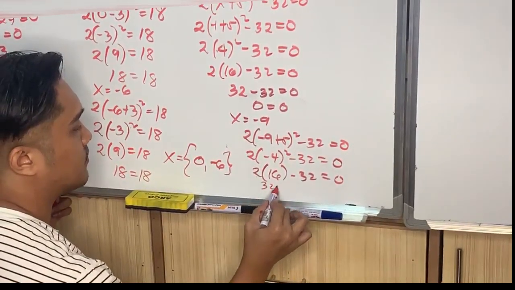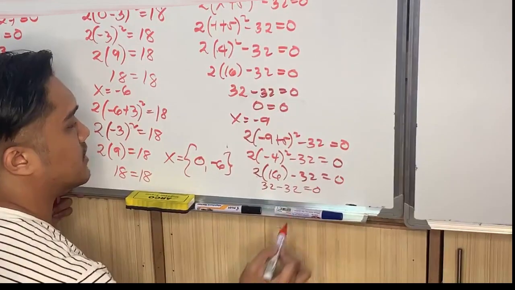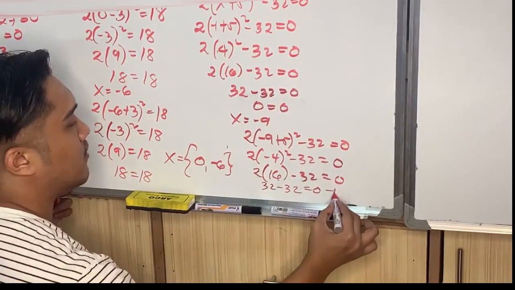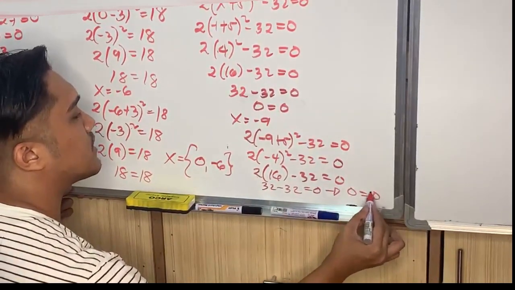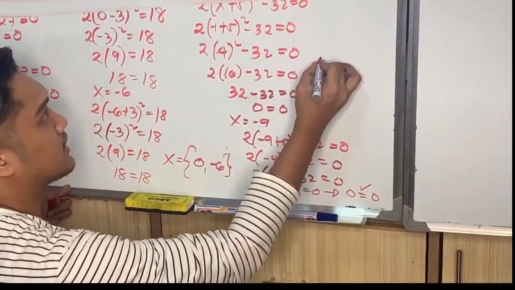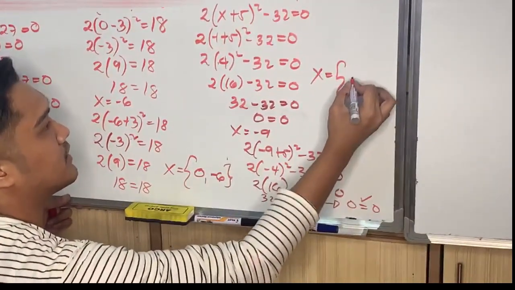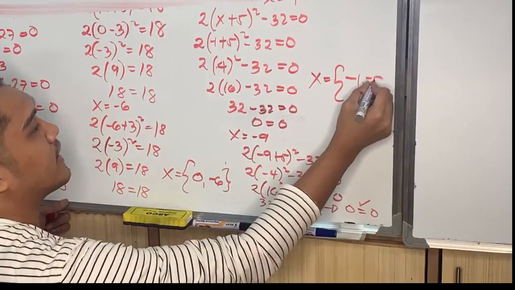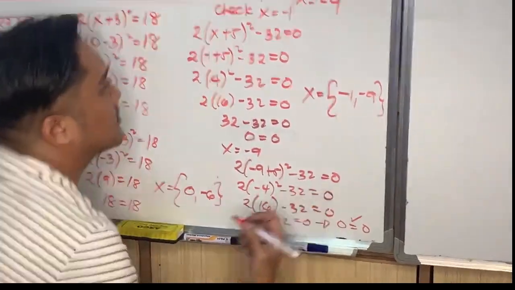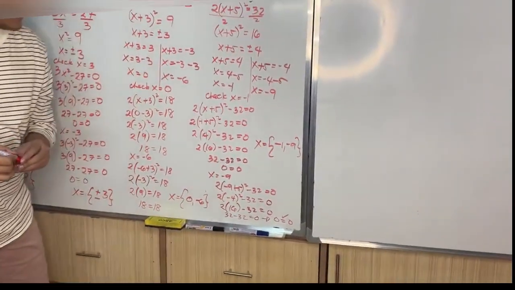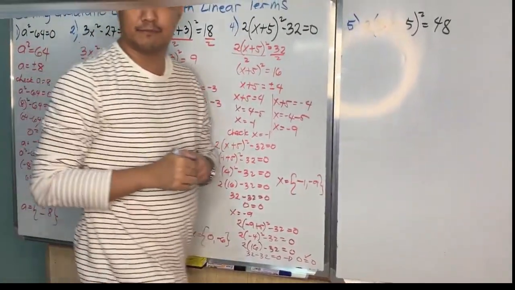So, 32 minus 32 is equal to 0. 0 equal to 0. Therefore, ang ating solution set will be negative 1 and negative 9. Number 5, last item.